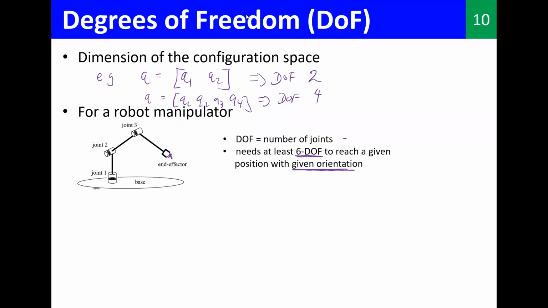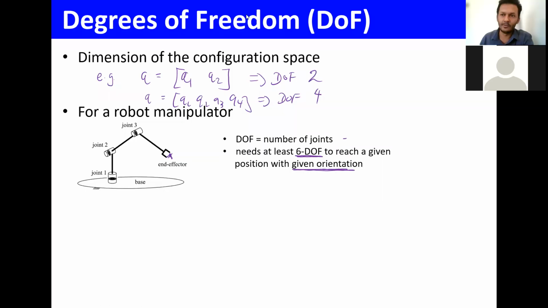Again, if I start my video, let's say I'm going to approach a certain point here. Approaching is one thing, but approaching with a given orientation like this is another, additional thing.